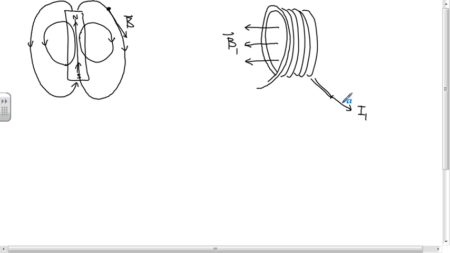Then we totally separately take another wire and wedge it through here, and send a current perpendicular to that coil into the page. Call that current 2. Then what you would see is a force applied to this wire I2 by the magnetic field.